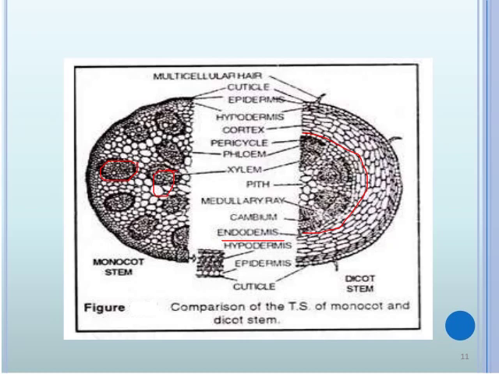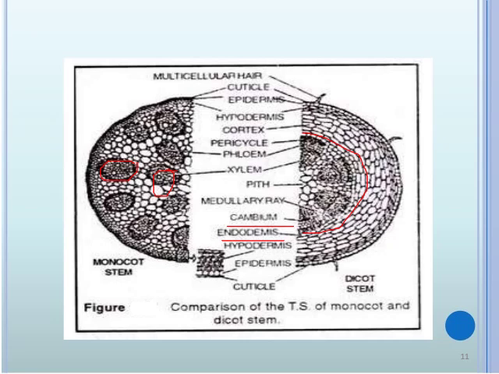In addition to this, the vascular bundles in dicot stem are open, while in monocot stem the vascular bundles are closed. The clear differentiation between monocot and dicot stem is the presence of cambium. In dicot stem, the cambium is present, while in monocot stem it is totally absent.